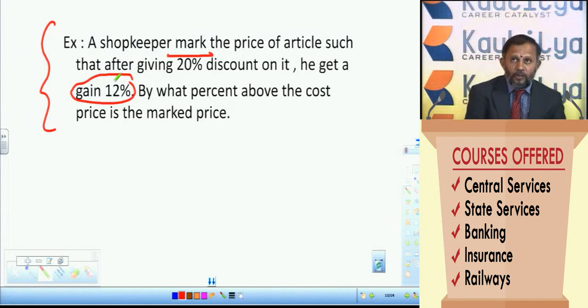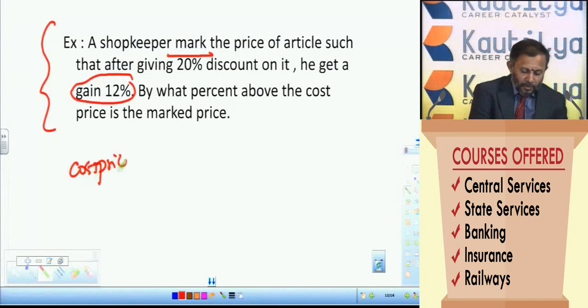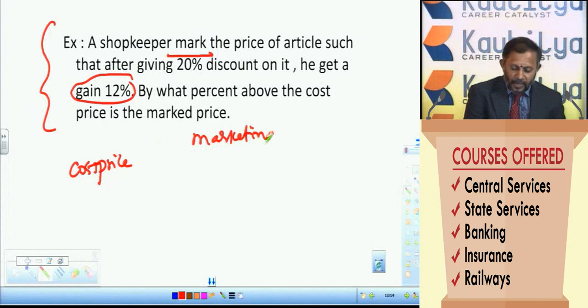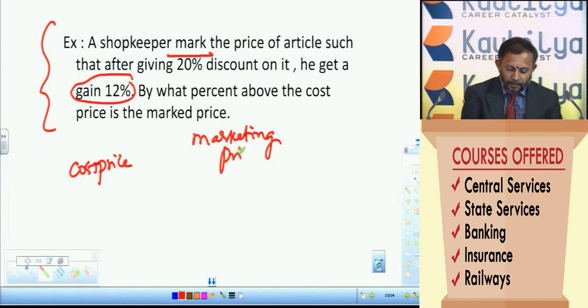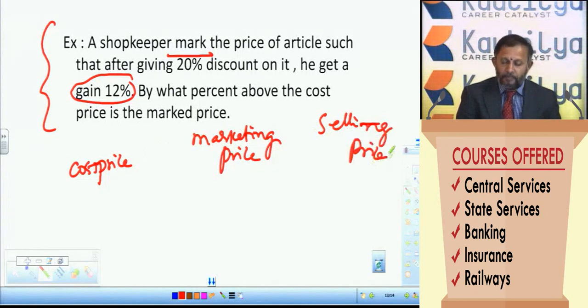So here what you have to specify is cost price, marketing price. You are not supposed to write CP, MP like that. You have to give cost price, marketing price, and the last one is selling price. So these are the three elements you have to observe here. The shopkeeper marked the price of the article and gave a 20% discount on it.